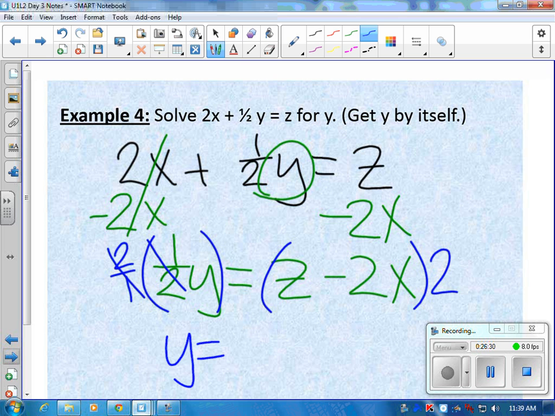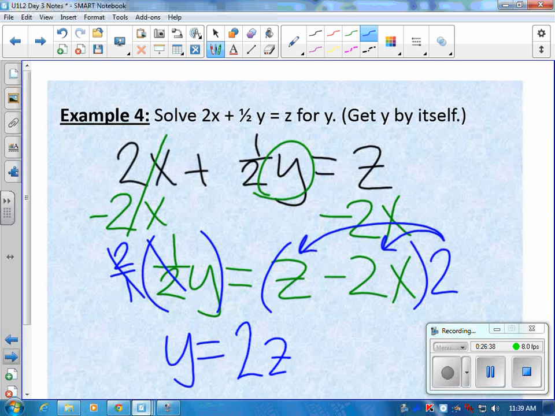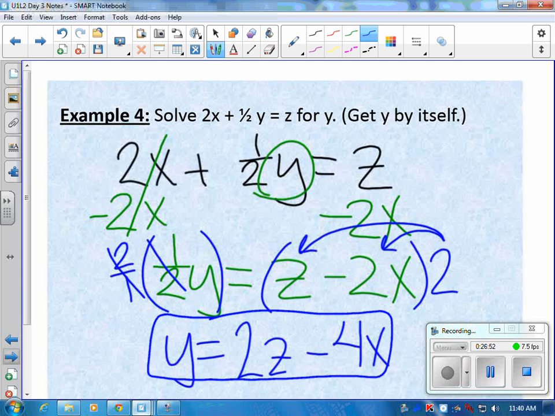What do I have to do on the right side? I have to distribute. 2 times z minus 2 times 2x. Is y by itself? Can I simplify anymore? I don't have like terms, so those have to stay separate. And there is my final answer.